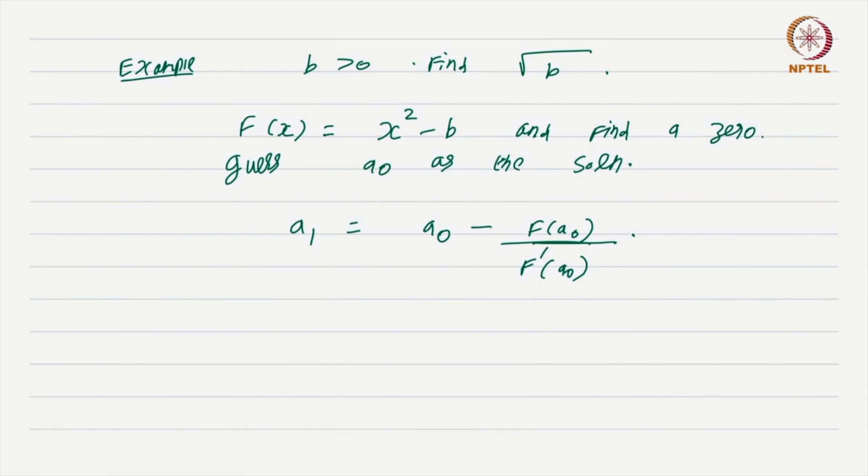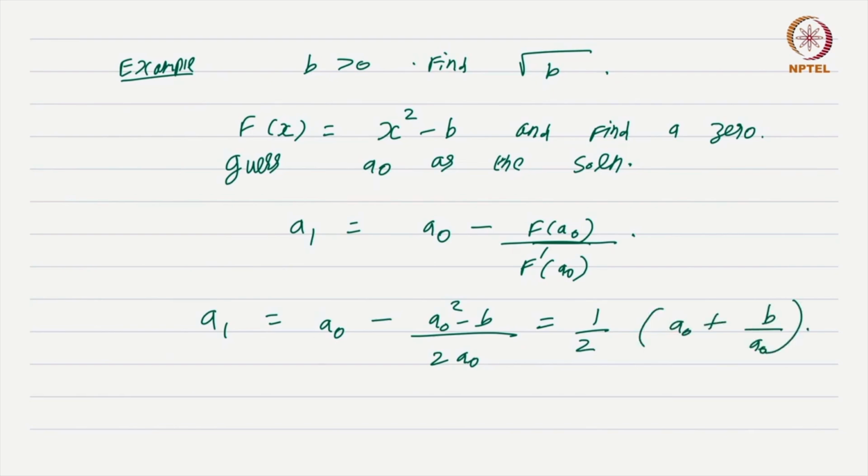Now, we have the expression f to be x squared minus b. If you just substitute everything here, you get a1 is equal to a naught minus (a naught squared minus b) by 2a naught, which is just half of (a naught plus b by a naught).